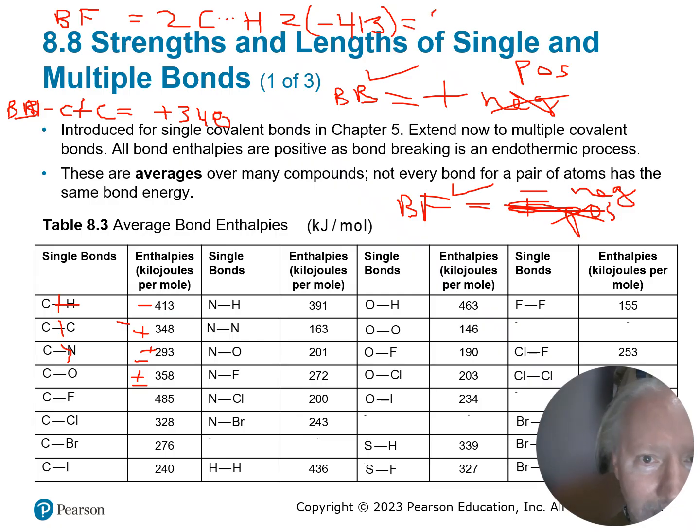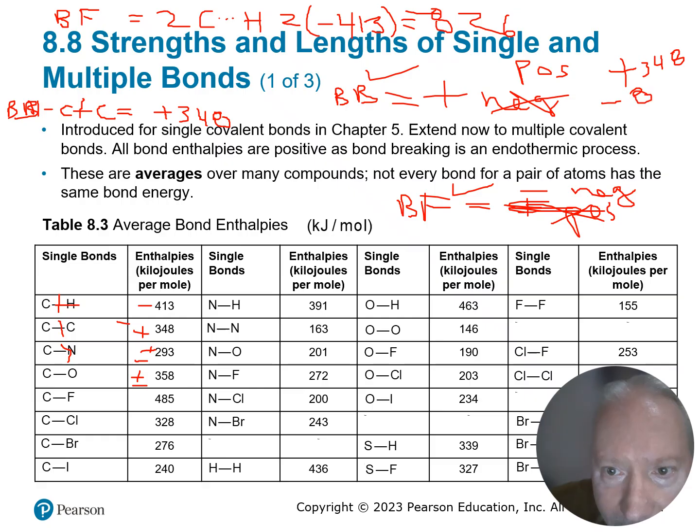So that's going to be negative 826. And so all you have to do is you add 348, minus 826, right?